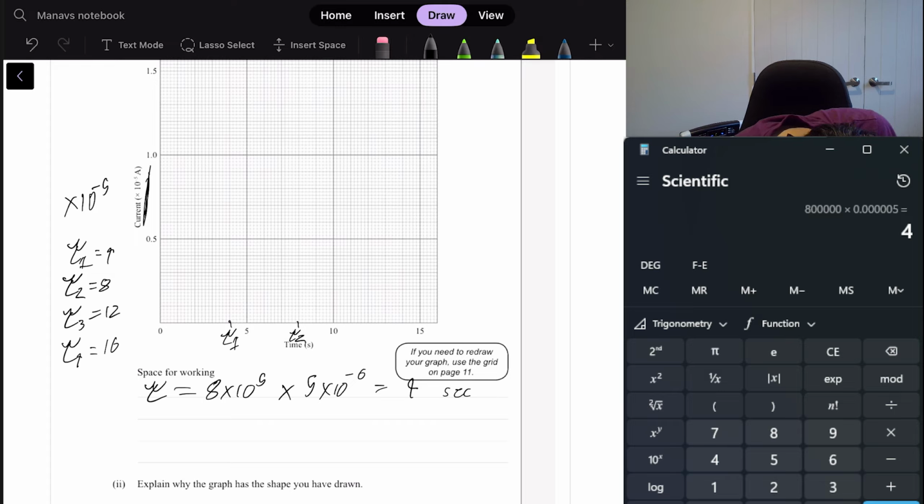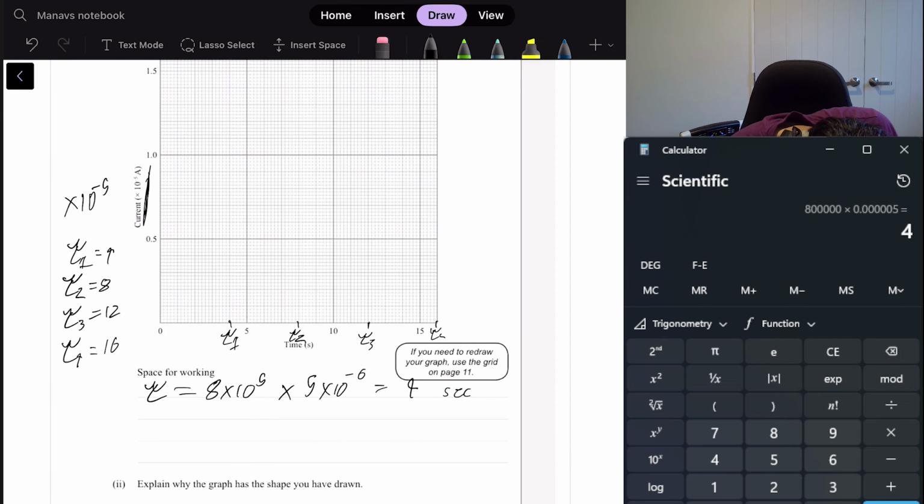Then they give us 16 seconds actually. That's a good identifier. They said 15, but they gave 16 because they know it's 4 seconds. So you know you got your answer correct for that.